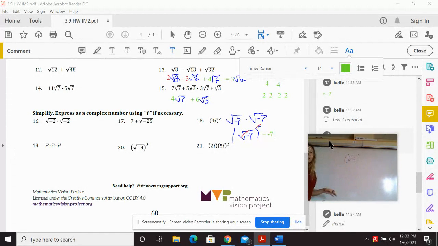If you're going to get confused by seeing another way, stop watching. So I just wrote it out: square root of negative 9 times square root of negative 9 times square root of negative 9.